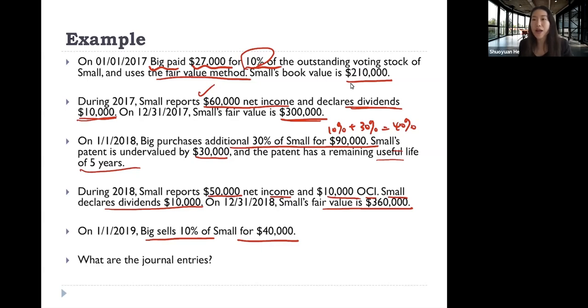So what are the journal entries? I'm going to give you 5 minutes to work on this example on your own, and then I'm going to go over the solution.